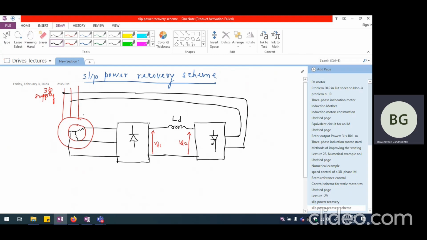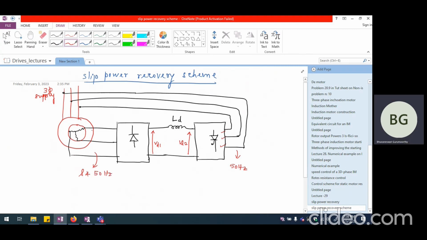So we can essentially ensure now that this voltage, because it is synchronized with the three-phase power supply, will also be at 50 Hertz, although the rotor side will be at S times 50 Hertz.